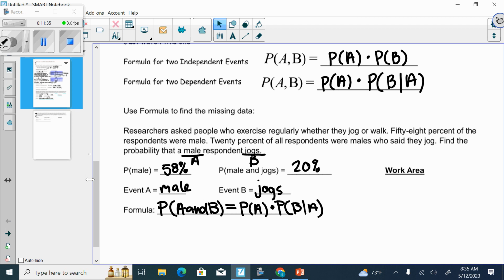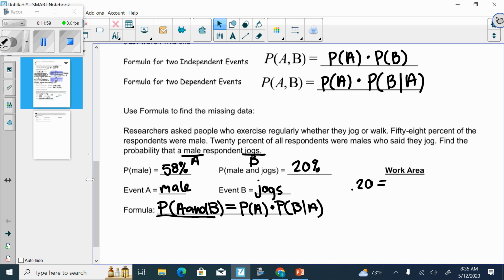All right, so probability of A and B. Do we know the probability of A and B, a male and jogs? Do we have a number for that? 20%. Good. So how do I write 20% as a decimal? Good. So I am going to substitute that in for this part of my equation.